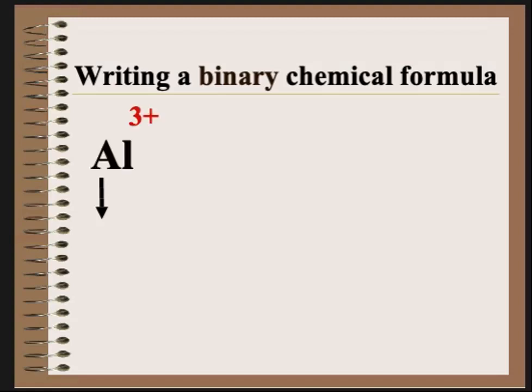So we have aluminum. Aluminum is found in group 3, therefore it has a positive 3 charge, and then we have bromine, it's negative 1. You have to make it neutral, okay? You can either do the mathematical calculation, making sure the summation of all the integers there is 0 to make it neutral.